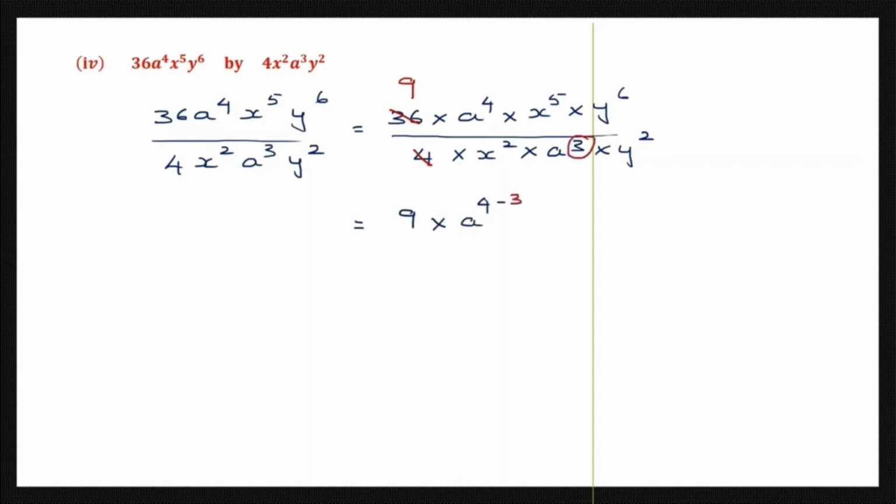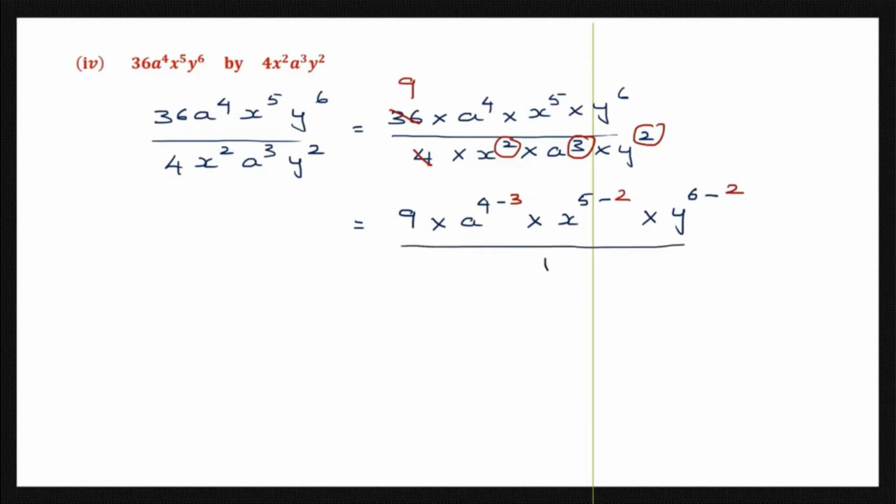So minus 3 into x to the power of 5 minus, here for x we have 2, minus 2 into y to the power of 6 minus, and here we have 2, 6 minus 2. So in the denominator, we don't have anything except 1. It's just 1.